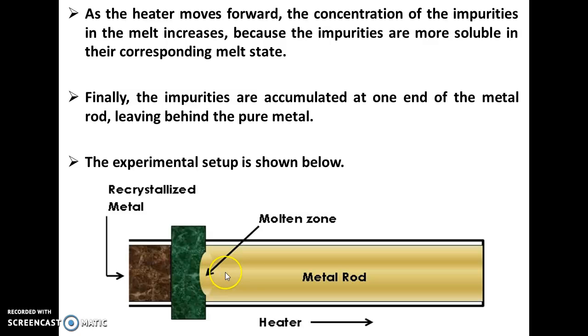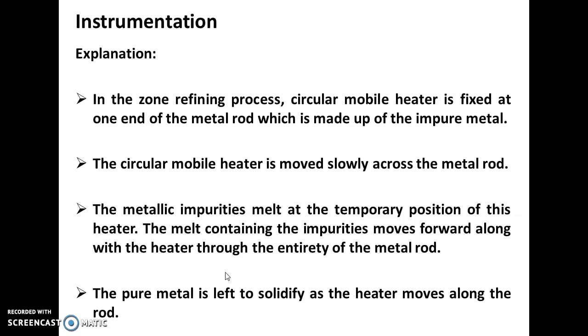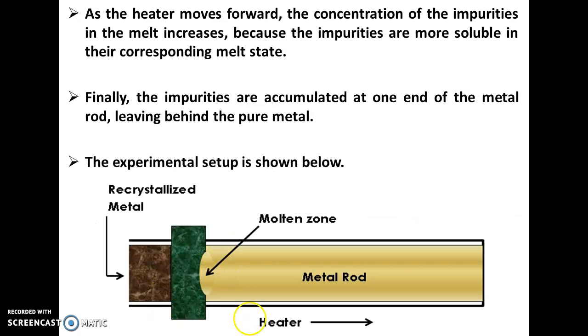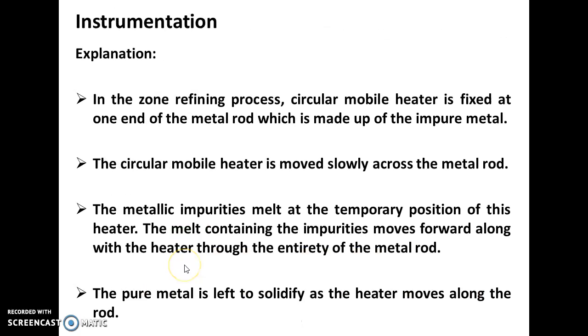So let us once again look at the instrumentation and explanation of this. In the zone refining process, the circular mobile heater is fixed at one end of the metal rod, which is made up of impure metal. It is as shown here. This is the circular heater, and the circular mobile heater is moved slowly across the metal rod.